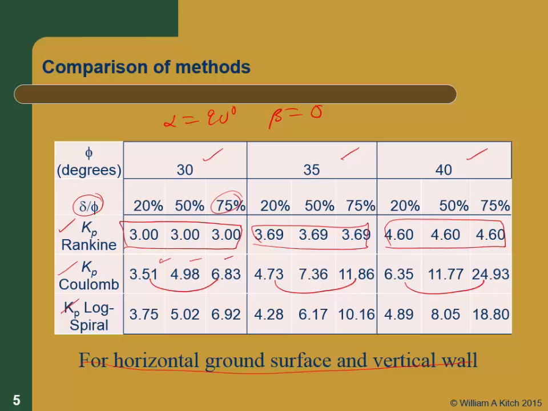And then for the log spiral, I'm comparing the values here for the log spiral. Now you'll notice that for low internal friction angles and relatively low cohesion, there's pretty good agreement on the passive side between Coulomb and the log spiral.